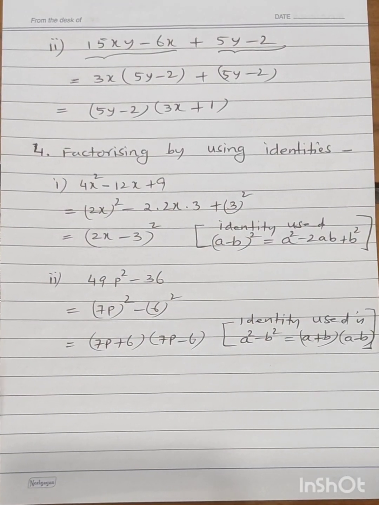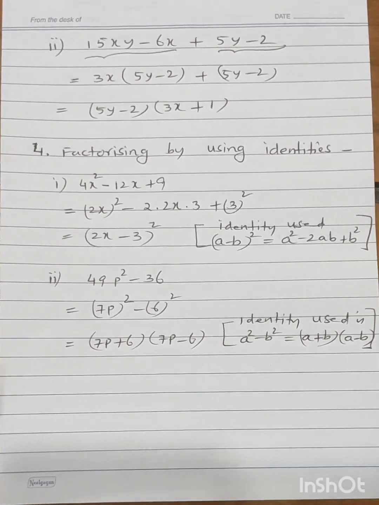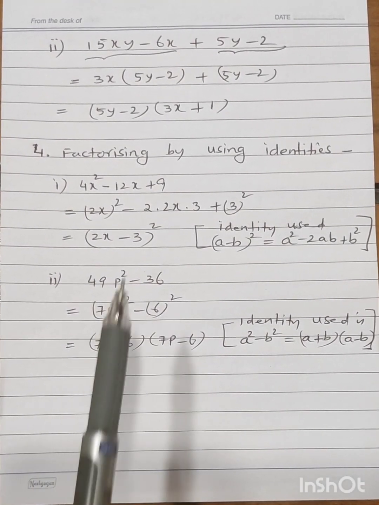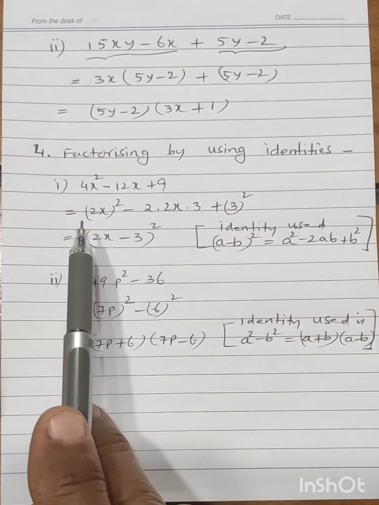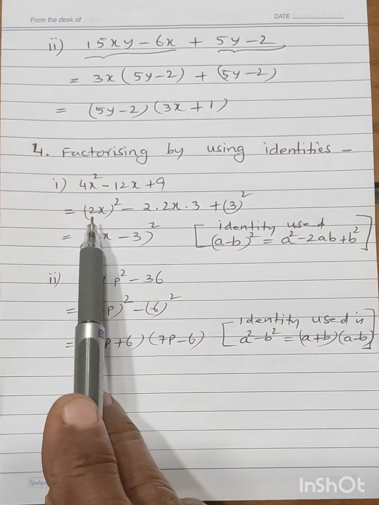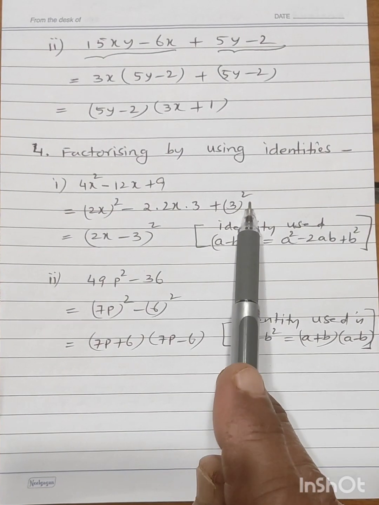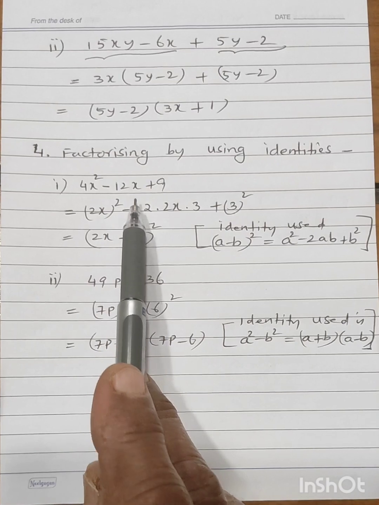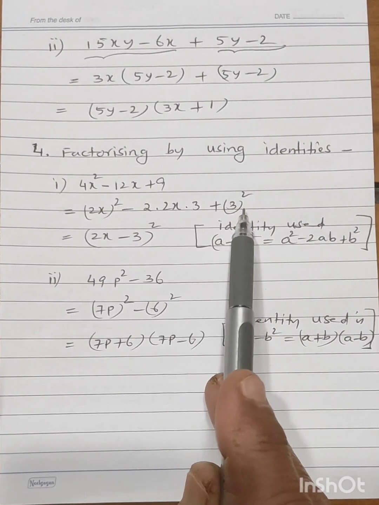The next method is factorizing by using identities, algebraic identities. This is an expression which we have to factorize. We see here that 4x square can be written as 2x whole square and 9 can be written as 3 whole square. And this 12x can be split and written as 2 into 2x into 3.